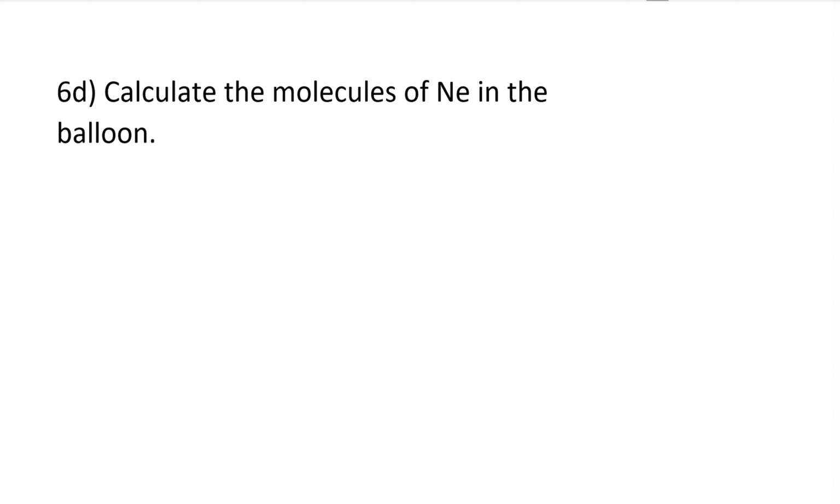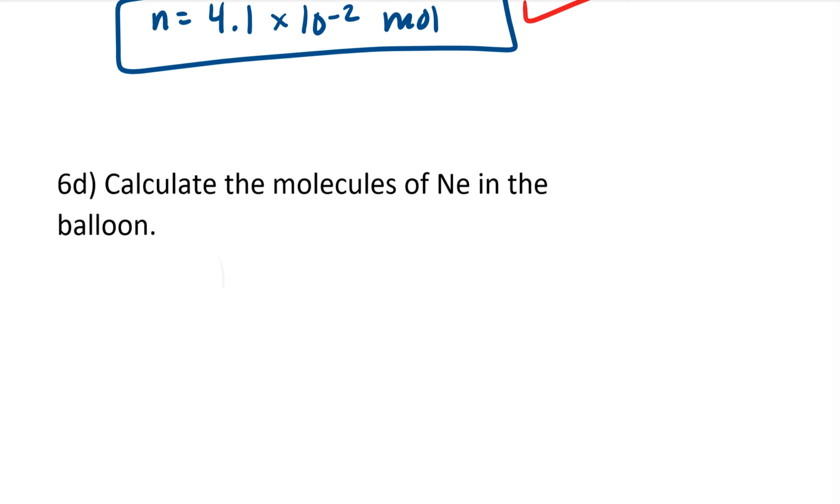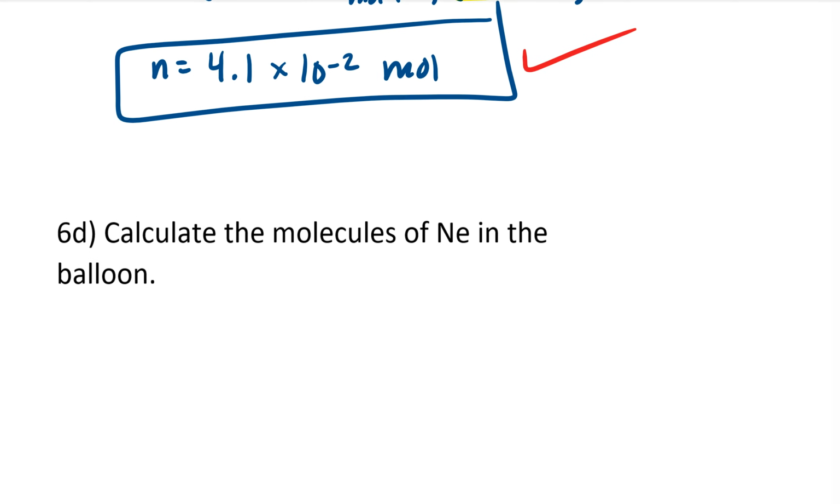Alrighty, one last problem with these balloons. Now let's calculate the molecules of neon in the balloon. From the previous problem, I know that the moles of neon is 4.1 times 10 to the negative 2 moles, so we just need to convert that into molecules.